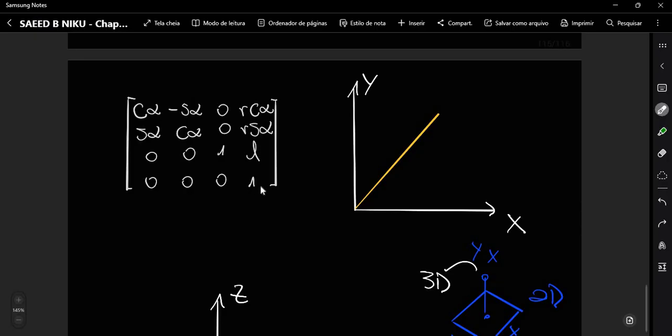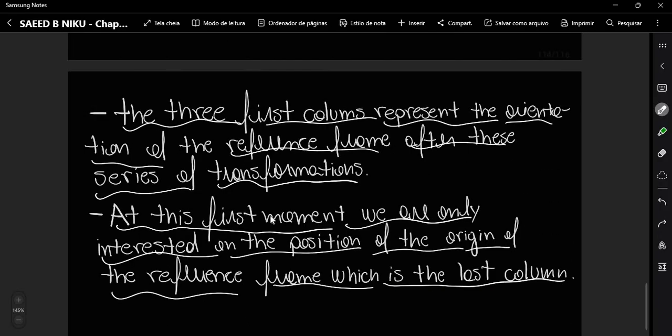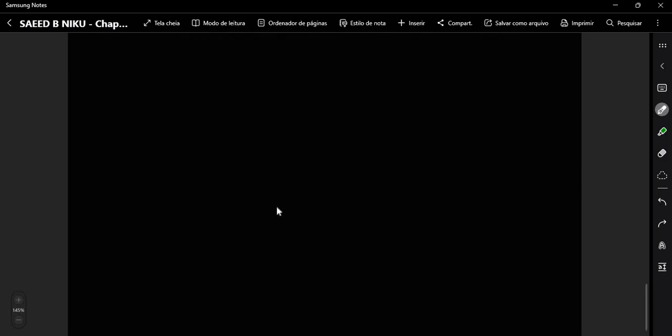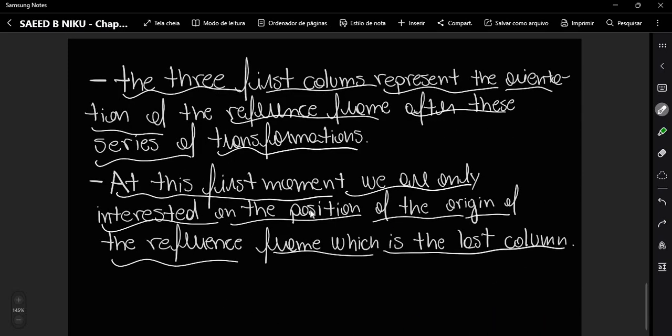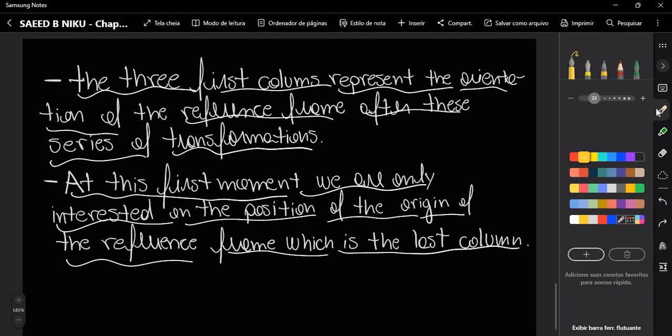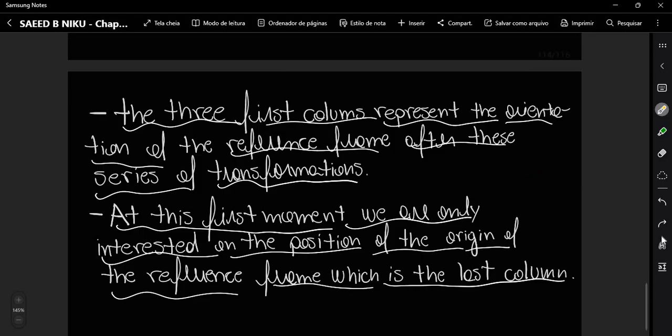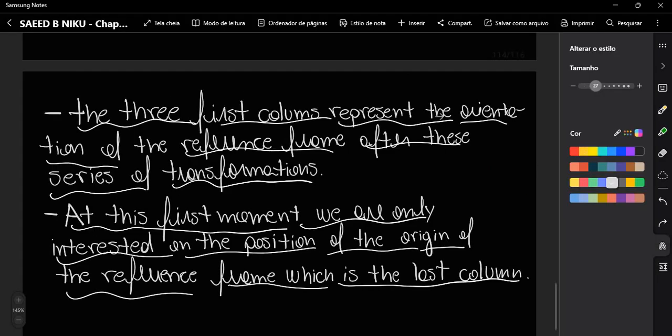But with this example, we will get a better sense of what the orientation and position are.